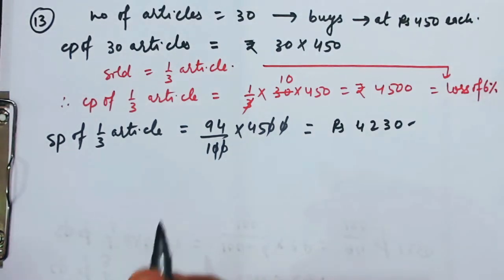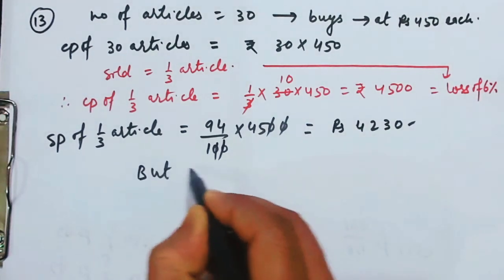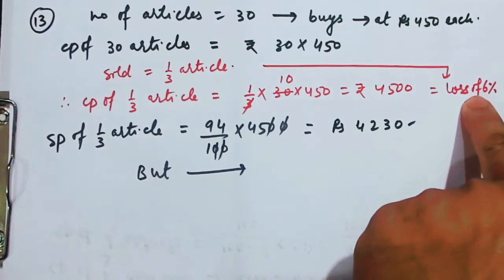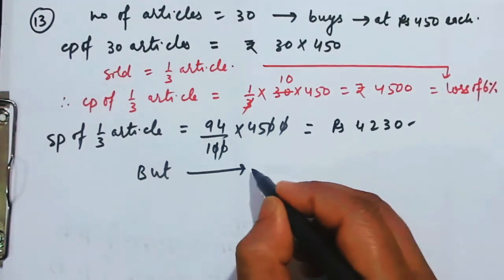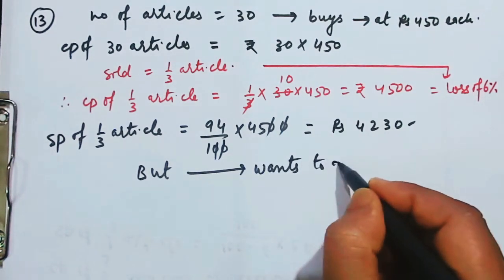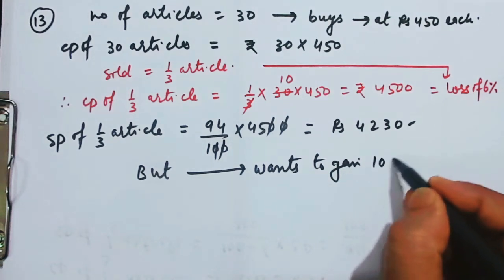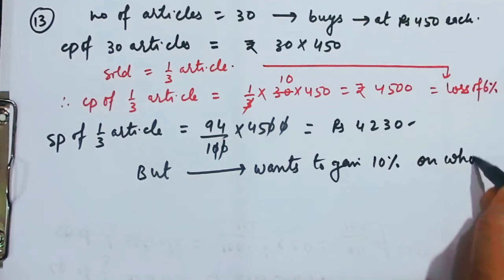Fine. Now what are they saying? That the shopkeeper wants to gain, because here, since the shopkeeper had incurred 6% loss, the shopkeeper wants to gain how much? 10% profit on whole.